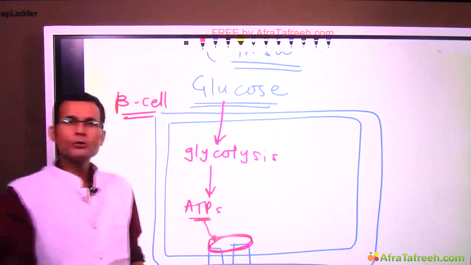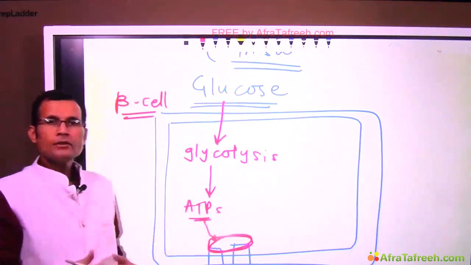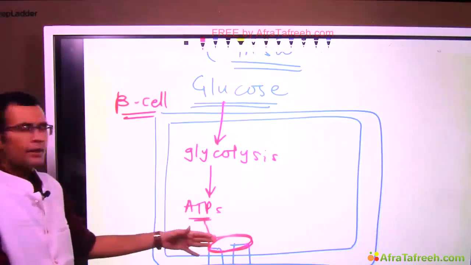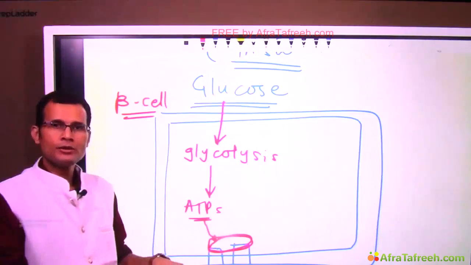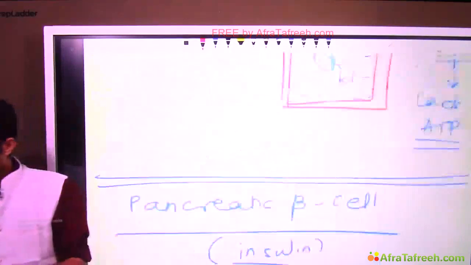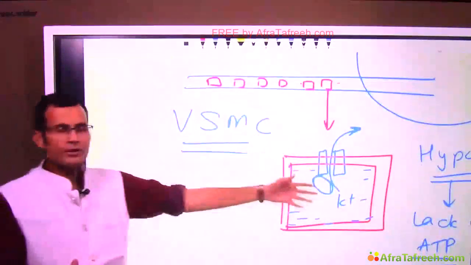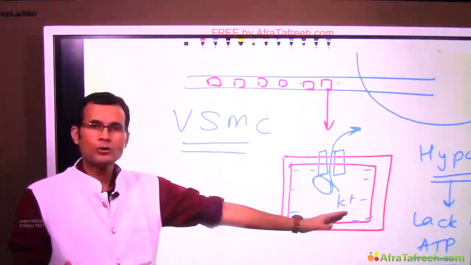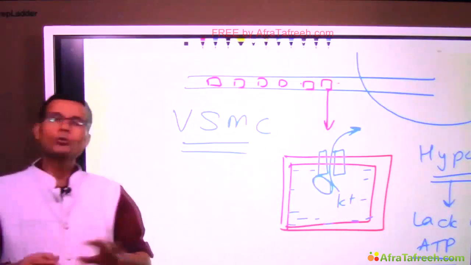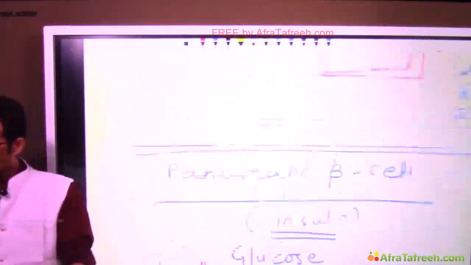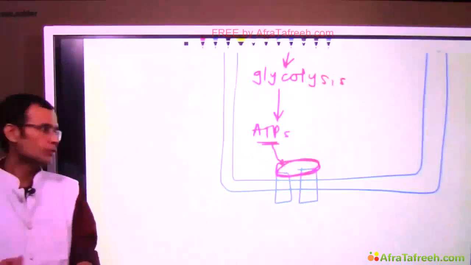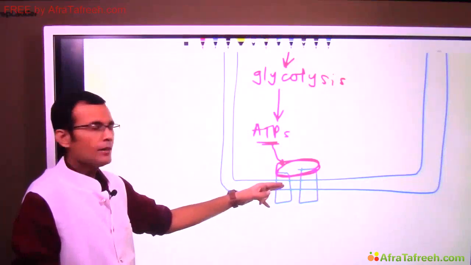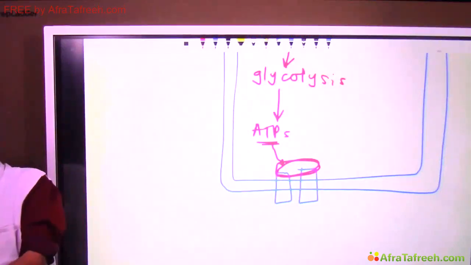Now it should be clear to you that when there are ATPs generated inside the cell, the ATP sensitive potassium channel closes. And if there is hypoxia and no ATP generation, then the channel remains open. It cannot close. No ATP, no closure of the channel. ATP generated, channel closes.